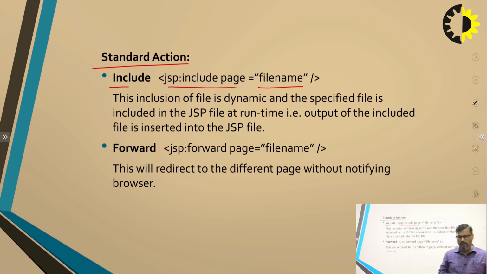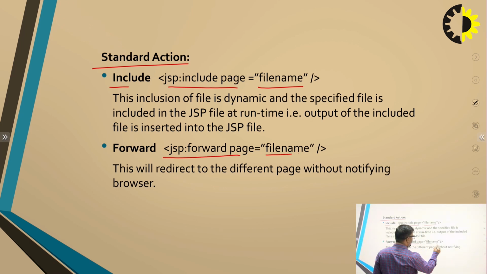At run time, the output of the included file is inserted into the JSP file. Then again we use the forward action. Here we will use the syntax jsp:forward page and write the file name within double quotes. This will redirect to a different page without notifying the browser. Okay, it will be redirected to a different page.